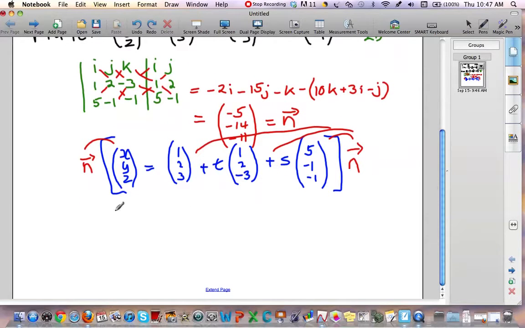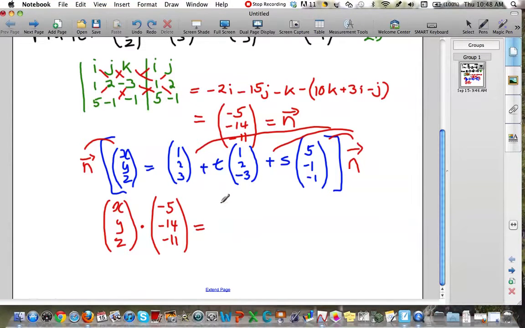And so what I'm going to be left with is, on the left hand side of the equation, x, y, and z, which represent all points in the plane, and I will find the scalar or inner product using -5, -14, -11, which is the direction vector of the normal of the plane. I'm going to do the same thing over here.